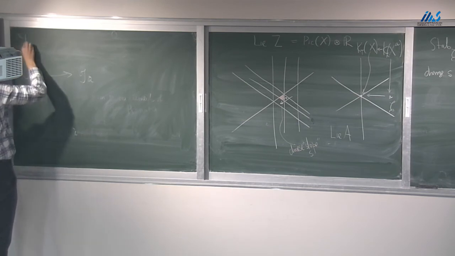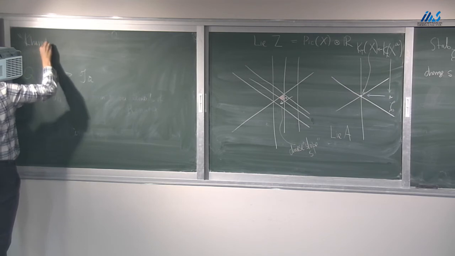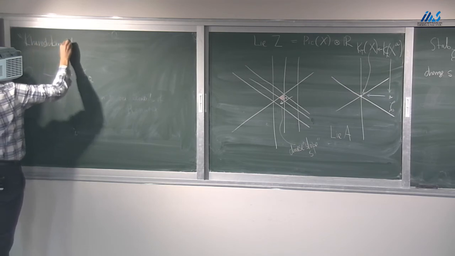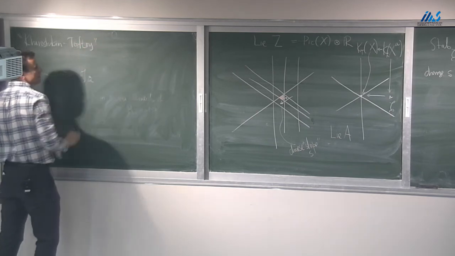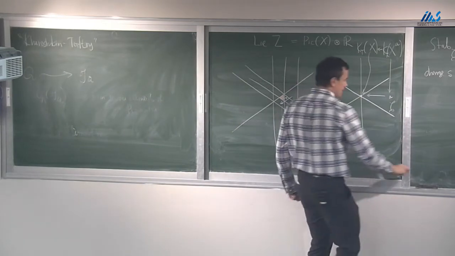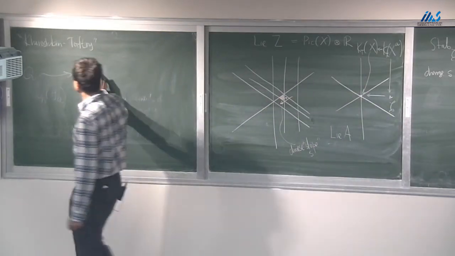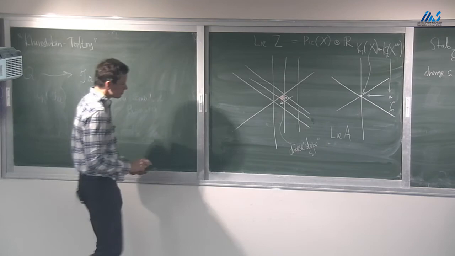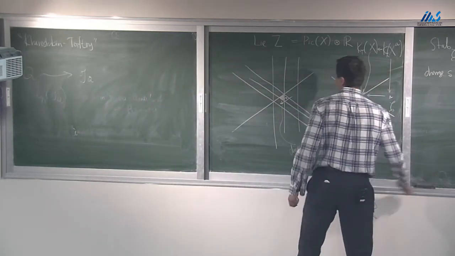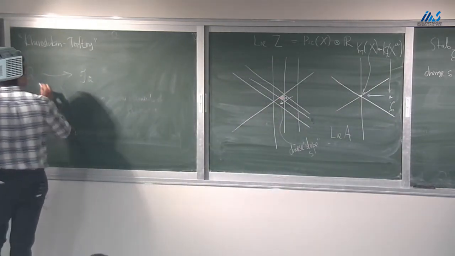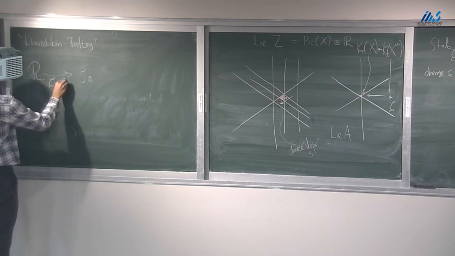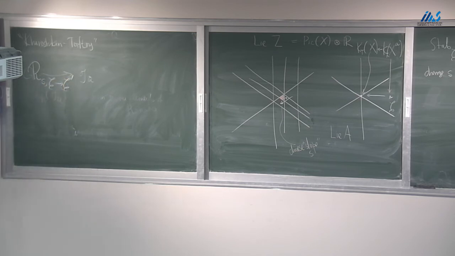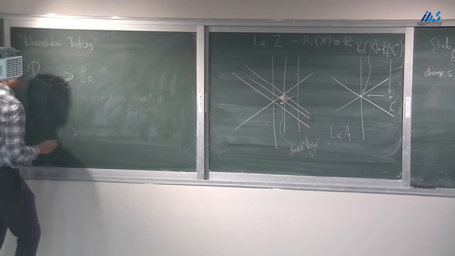There's this kind of Hiroshkin Tolstoy type factorization. What it says is that if I want the R matrix that goes at a fixed slope from some cone to some other cone, then this I can factor.